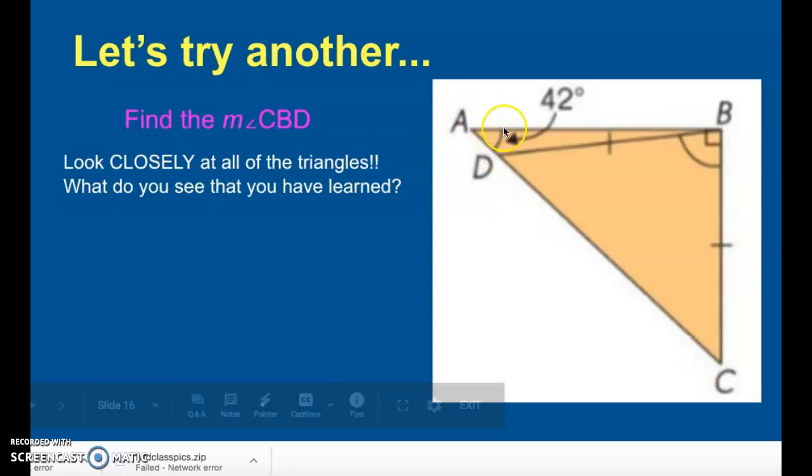So if I know this is 42 and this whole thing measures 90, I can find this angle here at C. I'm going to let you complete this knowing what you know about an isosceles triangle. You can do this, friends.